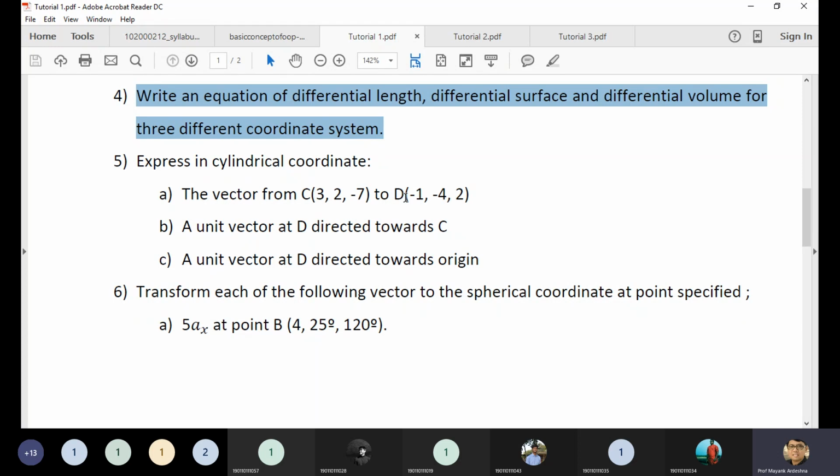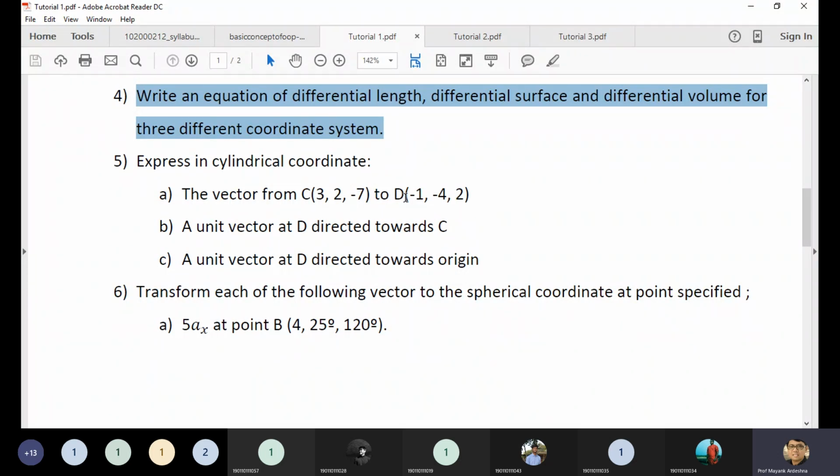See, there is some difference between A and B. Whenever you calculate the vector from C to D, you get all the values in terms of cos and sine. But in part B, they are asking for the unit vector at D directed towards C. So what do you do? First, subtract C minus D. After C minus D, you have to convert to circular cylindrical and put in the value of D. Right now D is given as -1, -4 and 2.